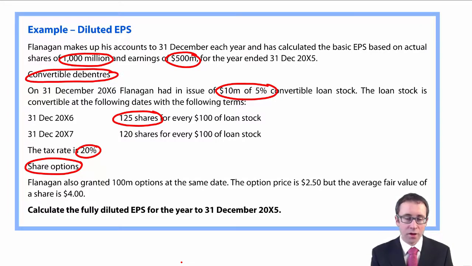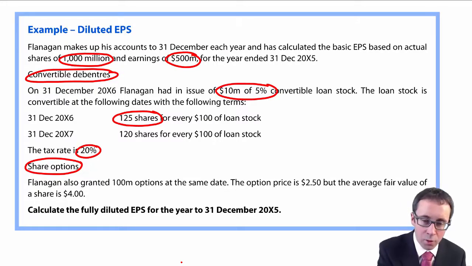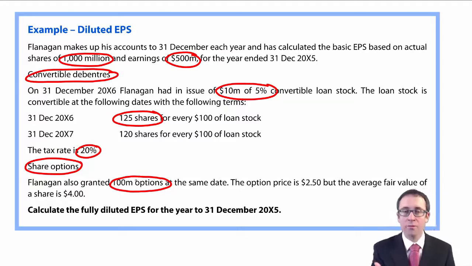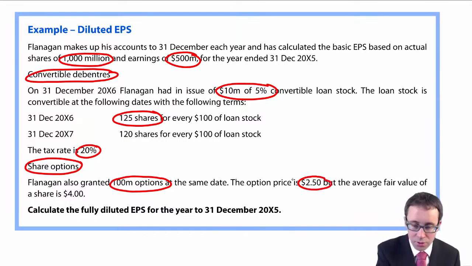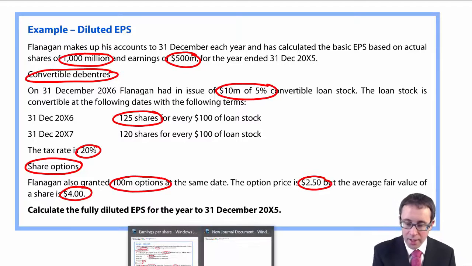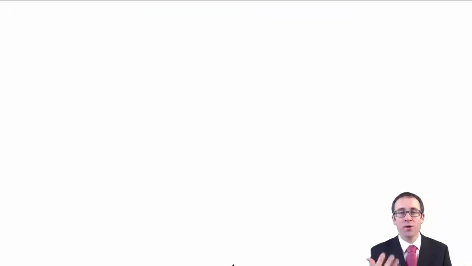It says Flanagan granted 100 million options, so the number of options under the scheme is 100 million. However, the option price is $2.50 and the average fair value is $4. So we need to use the $2.50 and the $4 to work out how many shares we will get at full market value. So we've got a little bit of a pro forma.